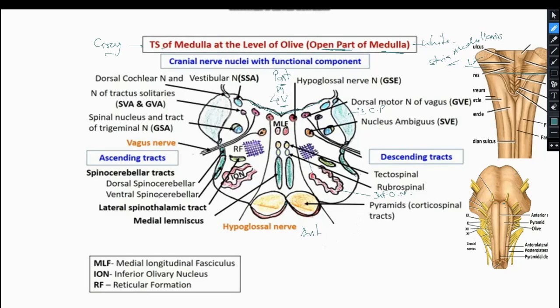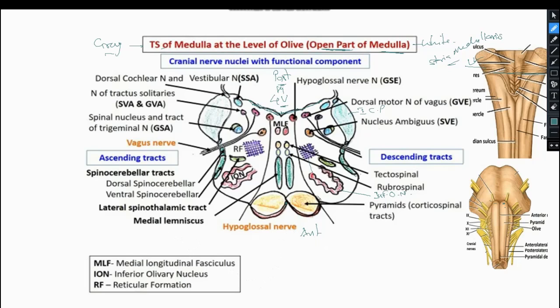And remaining other structures, either they are tracts or fasciculi, and this medial longitudinal fasciculus, they all are in the white matter.